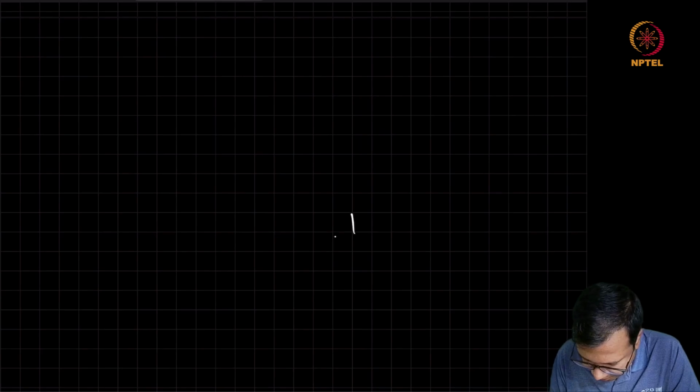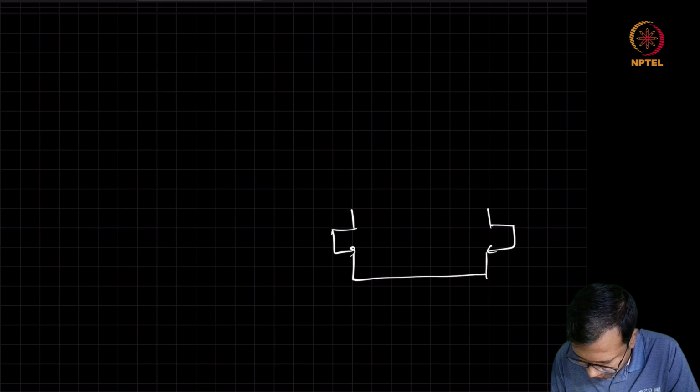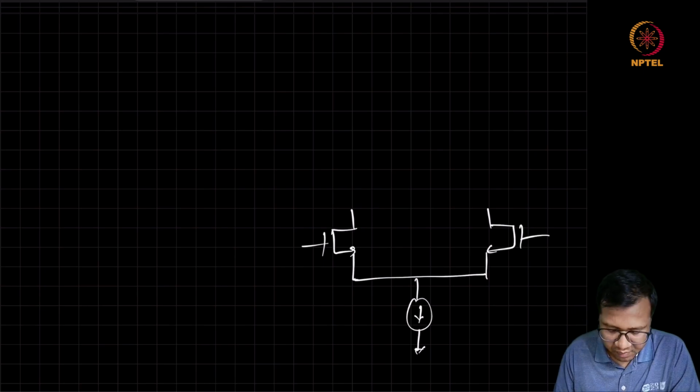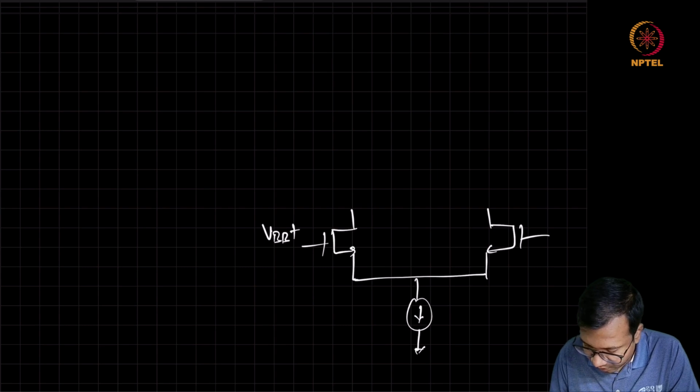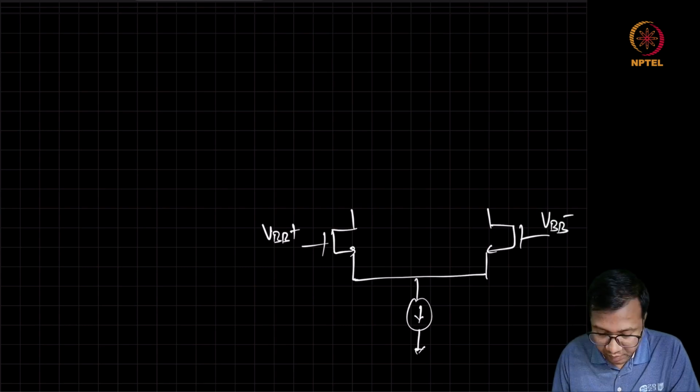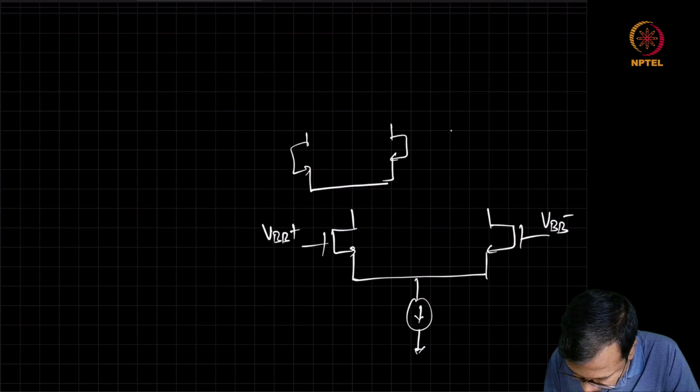So the active mixer had these transconductors which were converting the baseband differential voltage input into the currents, and finally this current was steered with the help of switching quad.